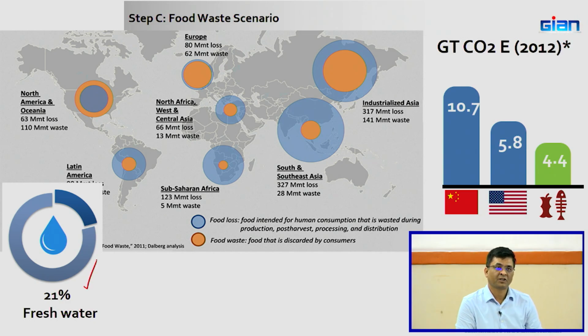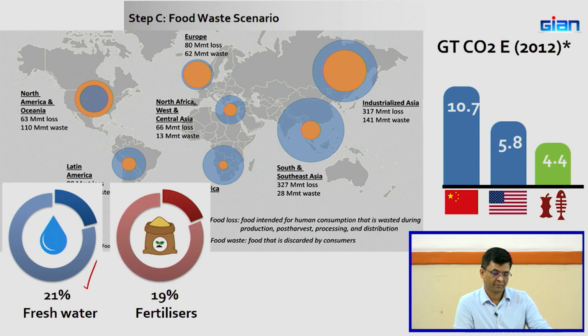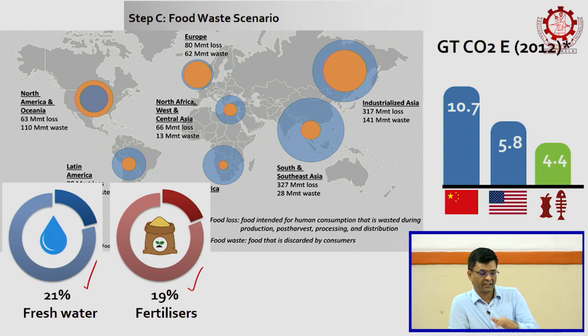It is responsible for 21% of fresh water, 19% of fertilizer. How? Fresh water is understandable, yeah, because you use potable water to process a product that goes as waste. That's one. And second is again polluting the natural water bodies.